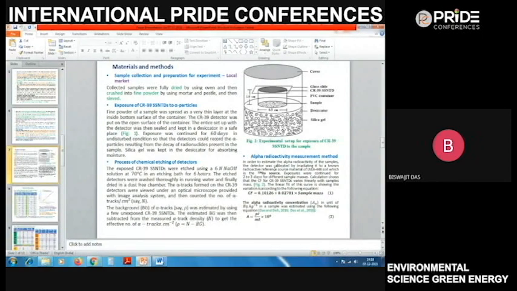Now, in order to estimate the alpha radioactivity of the samples, the detector was calibrated by exposing it to a known radioactive source. That is, as I said earlier, the reference source material IAEA 448 soil, which is the radium-226 source. Exposures were continued for 2 to 3 days.